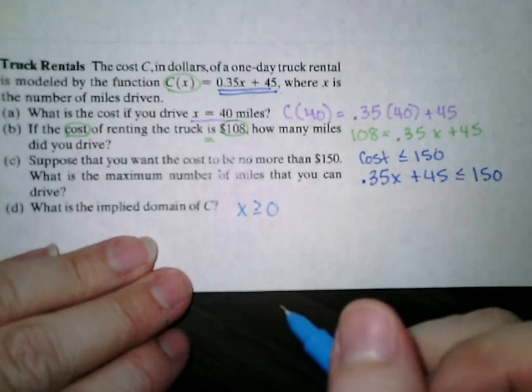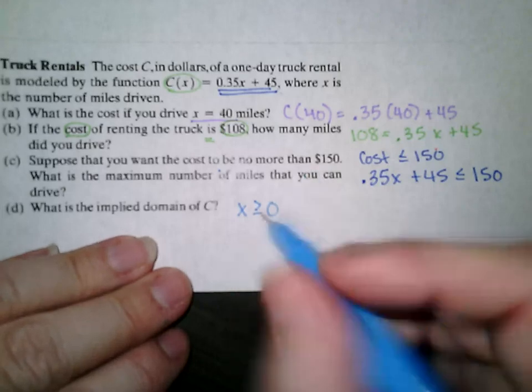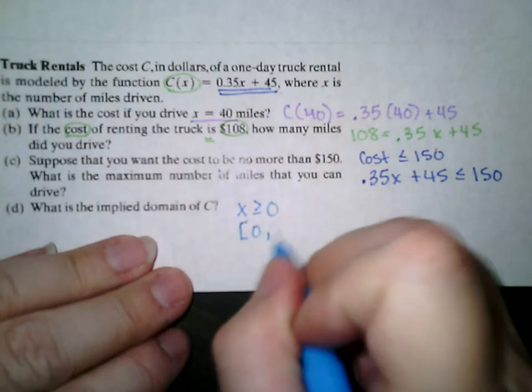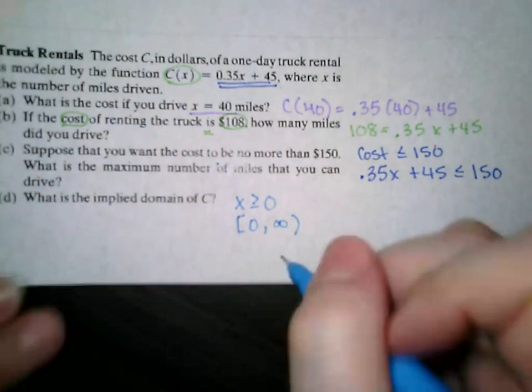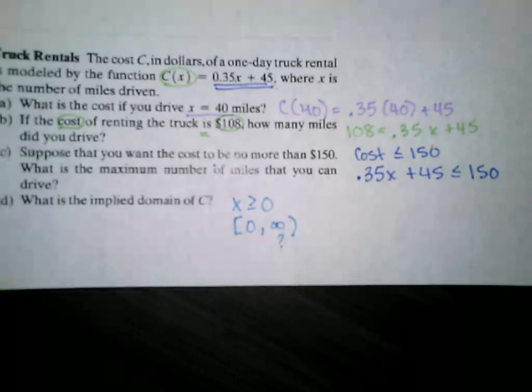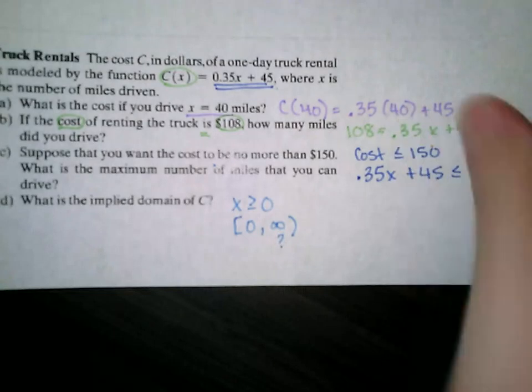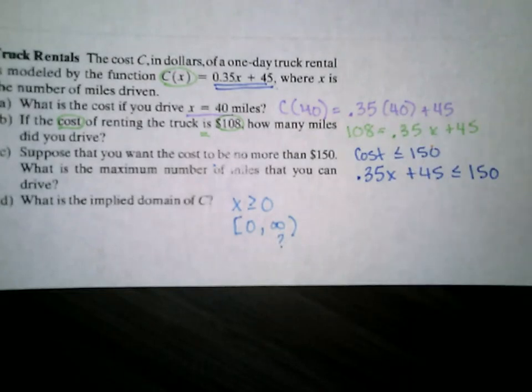But you can't just drive an infinite number of miles. So you might say it might be 0 to infinity, but I don't think you can drive an infinite number of miles in a day. That's not a question that I would particularly ask you. I'm not sure what they had in mind for the answer on that. If you get a question like that, I would be really interested to see what answer they had for it.